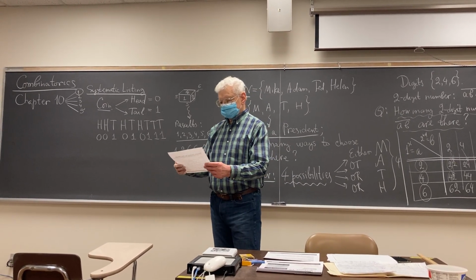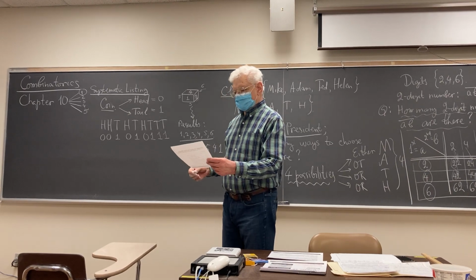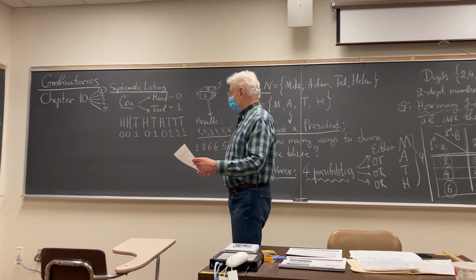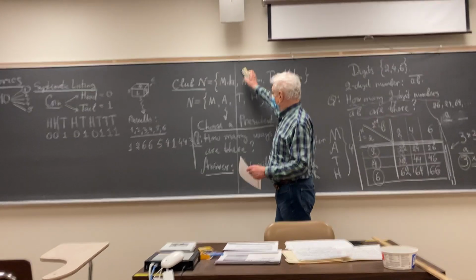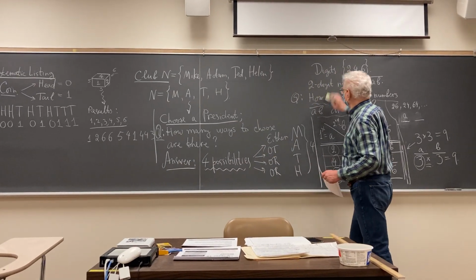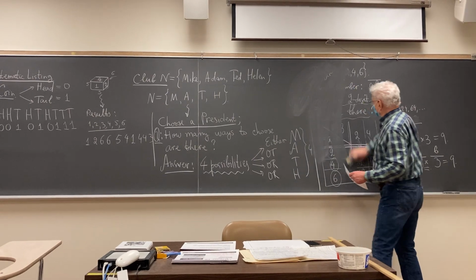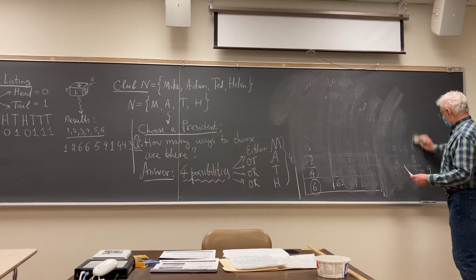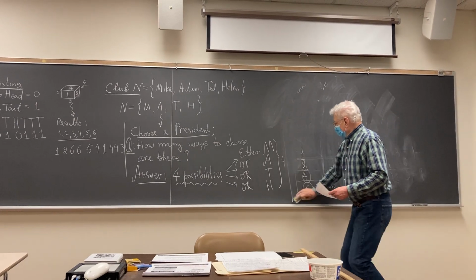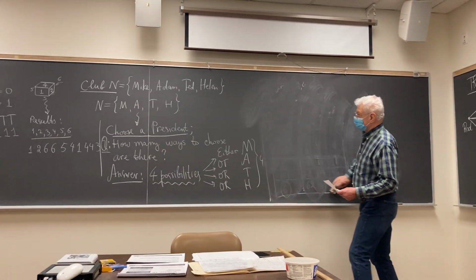Okay, next is the same problem, electing 2 club officers. Let's look at that problem. Okay, you have club N, and now we want to pick, besides the president, also a secretary. How many ways could you do this?